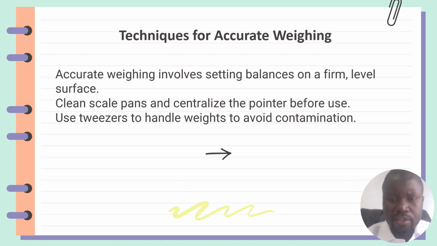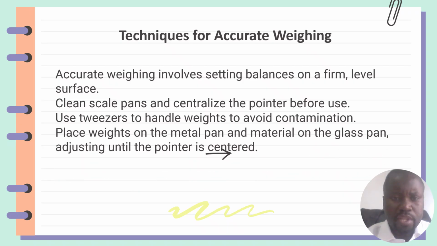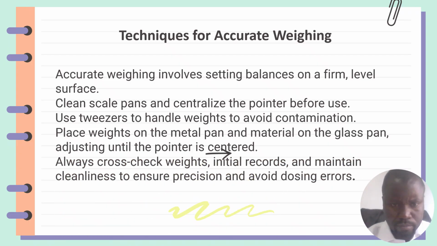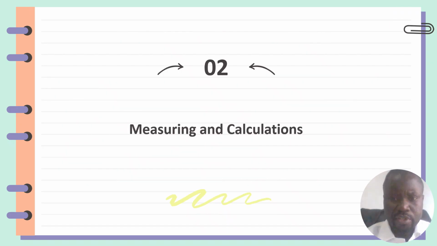Then handling of material to avoid contamination, and you need to know where to place the metal for balancing with the material that you are weighing. Cross-checking is crucial to ensure that the records are maintained accurately, and cleanliness is important to ensure precision and avoid dosing errors.